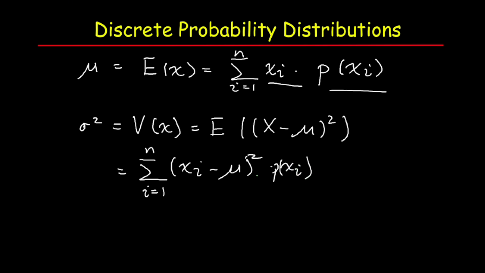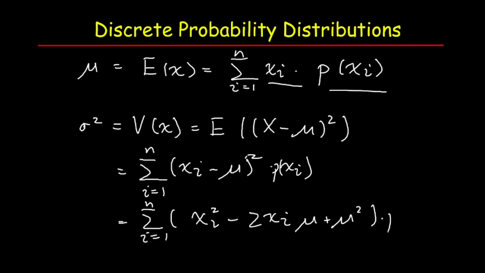And then we can go one step farther and actually separate this into sigma i equals 1 to n, (xi squared minus 2 xi mu plus mu squared) times p(xi). So all we've done here is separate and expand the squared term.